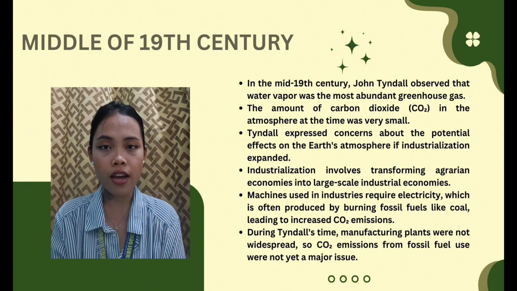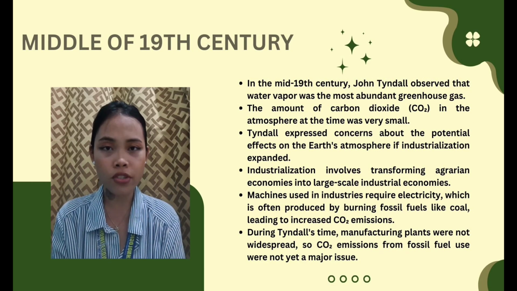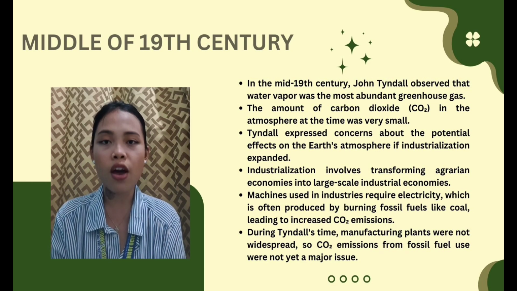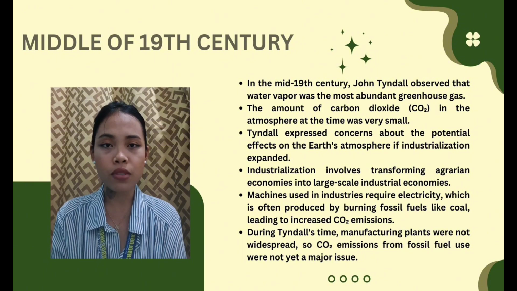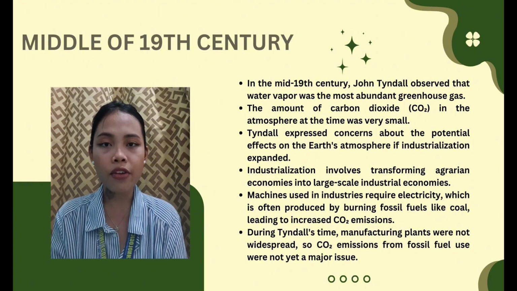However, he recognized that if industrialization were to spread and grow, the increase of carbon dioxide emissions could have serious long-term effects on the Earth's climate, potentially leading to global warming and changes in weather patterns. This foresight foreshadowed the concern we face today regarding the environmental impacts of industrialization and greenhouse gas emissions.